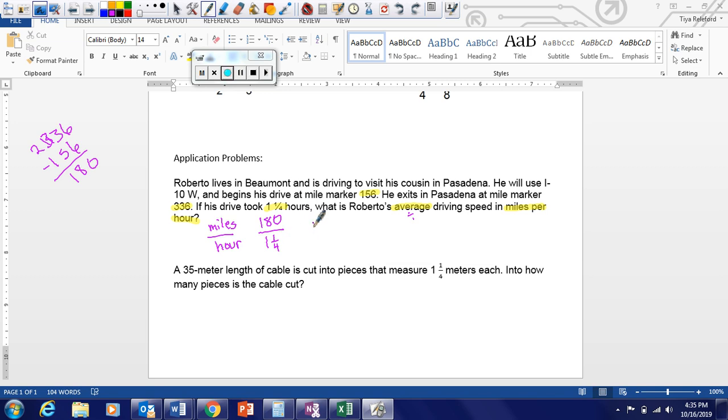So what I am doing is 180 divided by 1 1/4. So step 1 tells me to make everything fractions. So 180, I'm just going to rewrite as 180 over 1. 1 1/4, I'm going to Texas to turn it into an improper fraction.